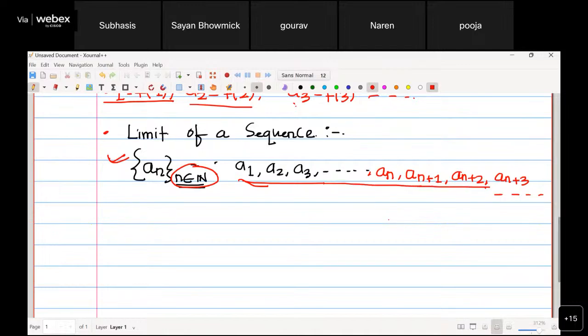A1 is my first term, the first term of the sequence. This is the second term, this is the third term, and this is the nth term of the sequence.